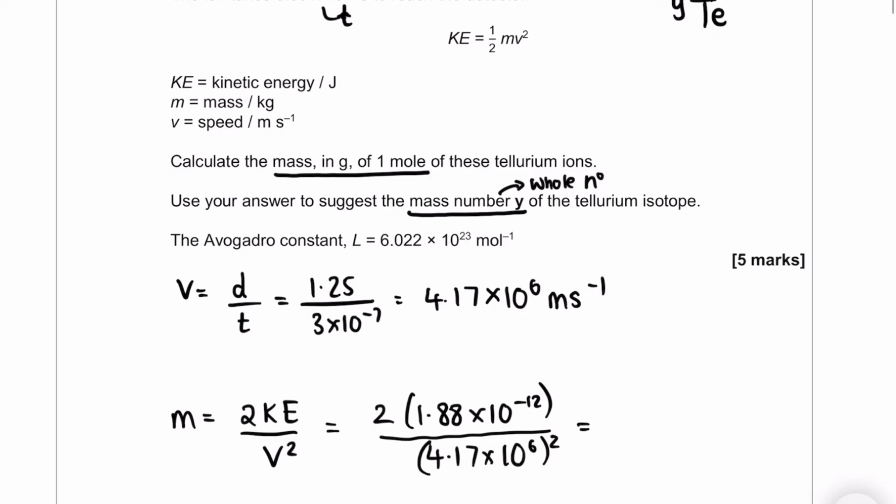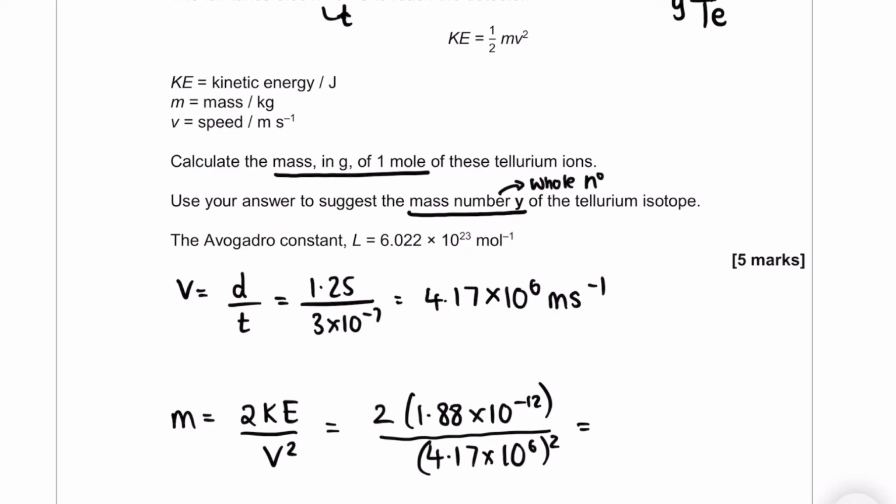So I'm going to use the fraction button. I'm going to type in the top line. And then on the bottom line, I'm going to type answer and then squared.